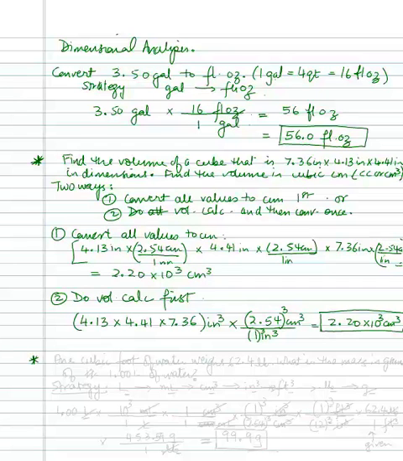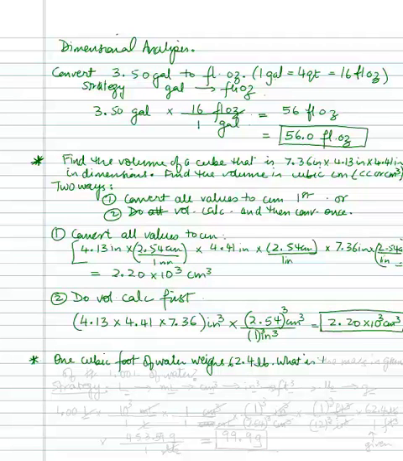Okay, one more example for complex conversions. So here is the question. 1 cubic foot of water weighs 62.4 pounds.